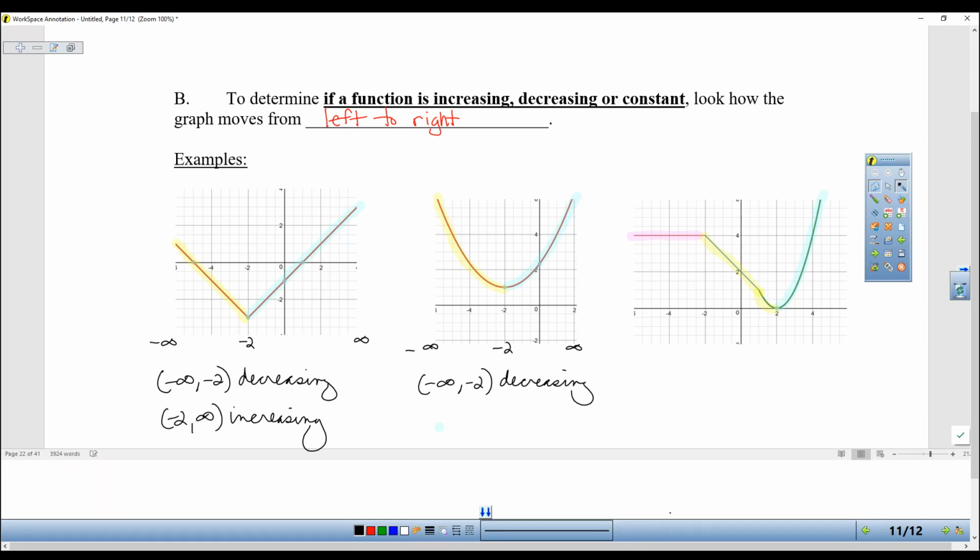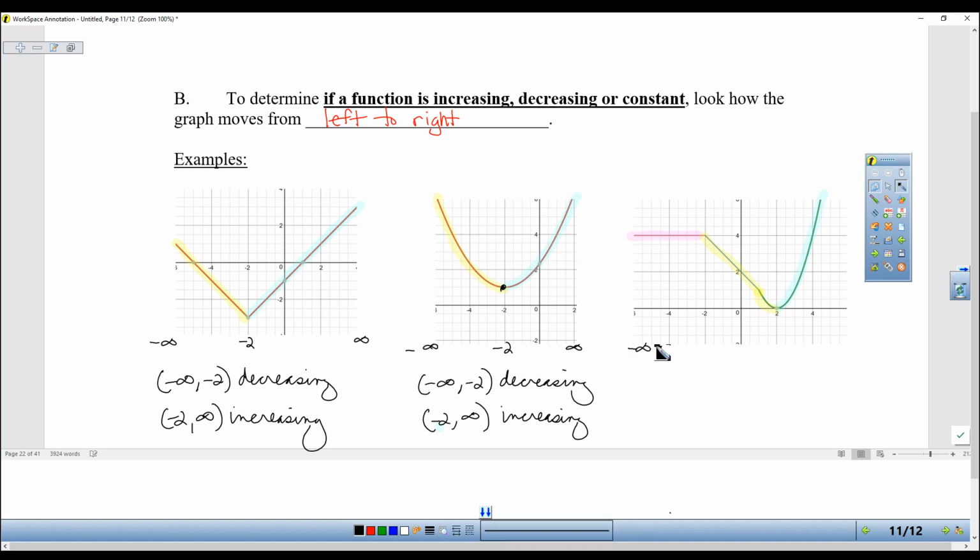They're always talking about the x when they're talking about increasing or decreasing. So through this whole stretch from negative infinity to negative 2, that's the break point. But once x is negative 2, the graph starts to increase, and it does that all the way until it reaches infinity.